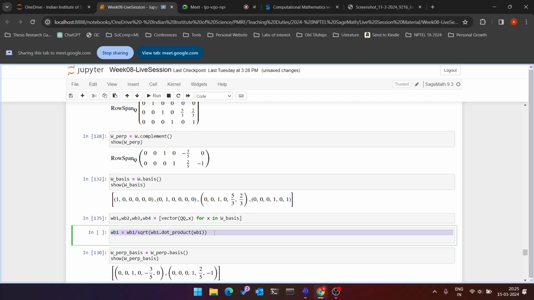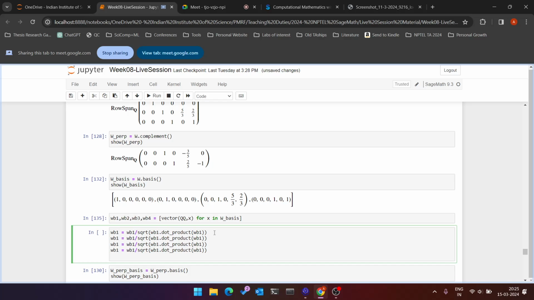So if I just repeat this step for all the four basis vectors, I should be good to go.